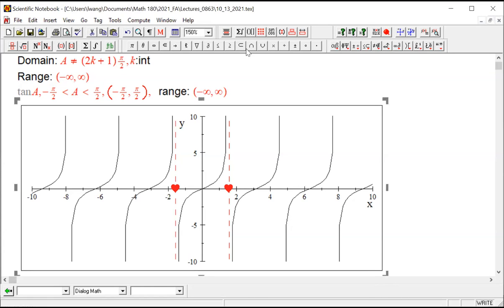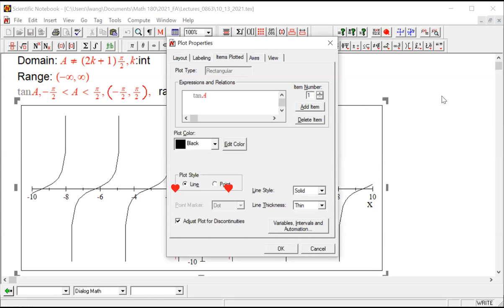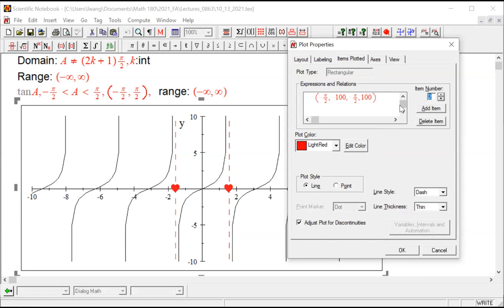We get these curves very easily. At our fingertips, everybody has that calculator. Even if you don't have a calculator, if you just Google tangent curve, you're going to get a lot of those choices.